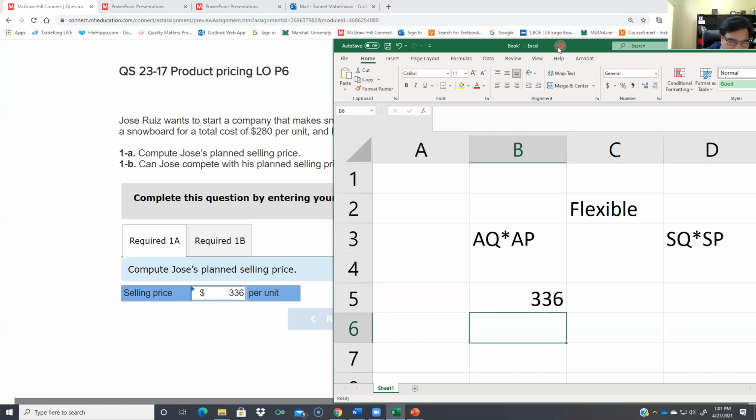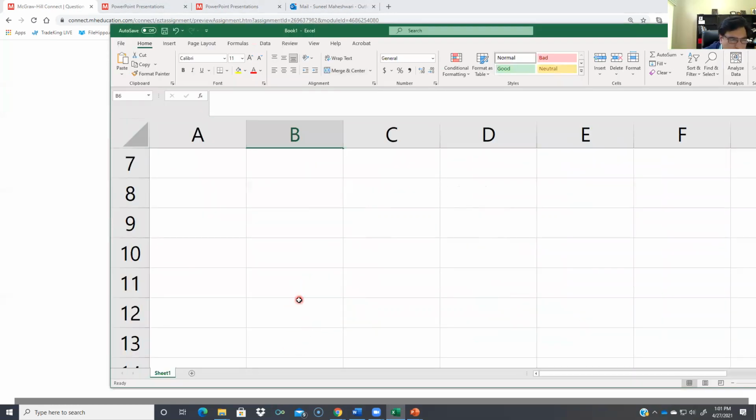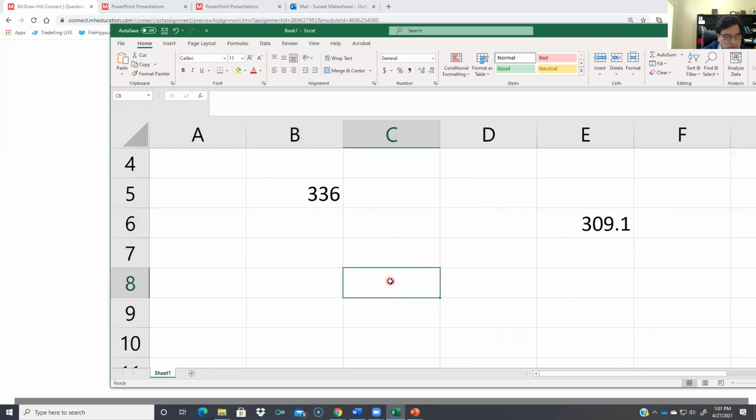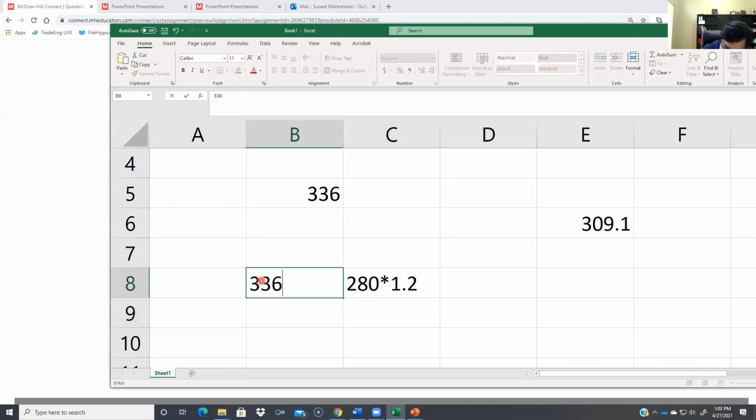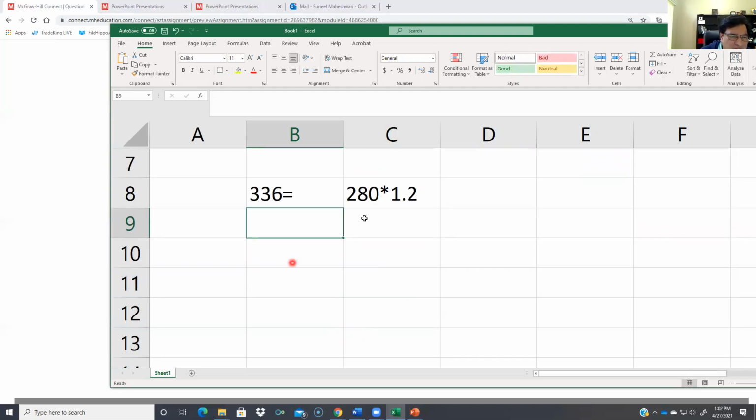Okay, I think I know what you're saying. So if your markup is on the cost, that basically means your selling price is missing, right? In that case, your selling price is 280 times 1.2, right?